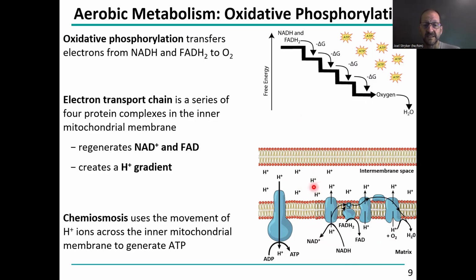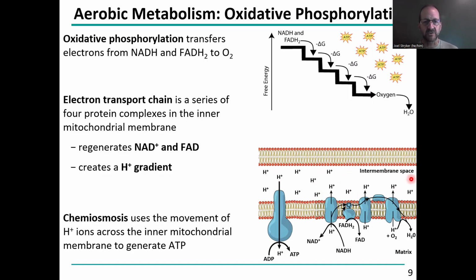Sometimes people refer to these as protons, because if you think about what a hydrogen ion is, the typical hydrogen ion is just a single proton in the nucleus, and that's it. Hydrogen has an atomic number of 1, so just one proton, and most of the time it doesn't have a neutron with it. So this is sometimes referred to as protons.